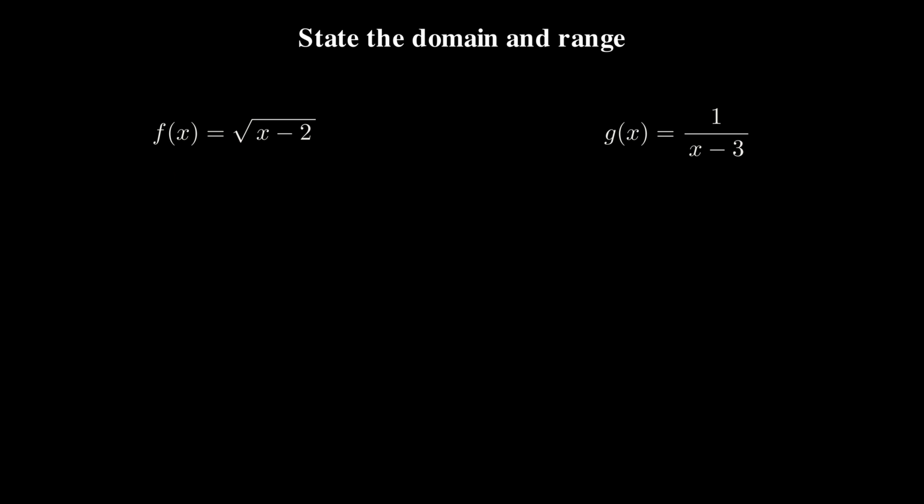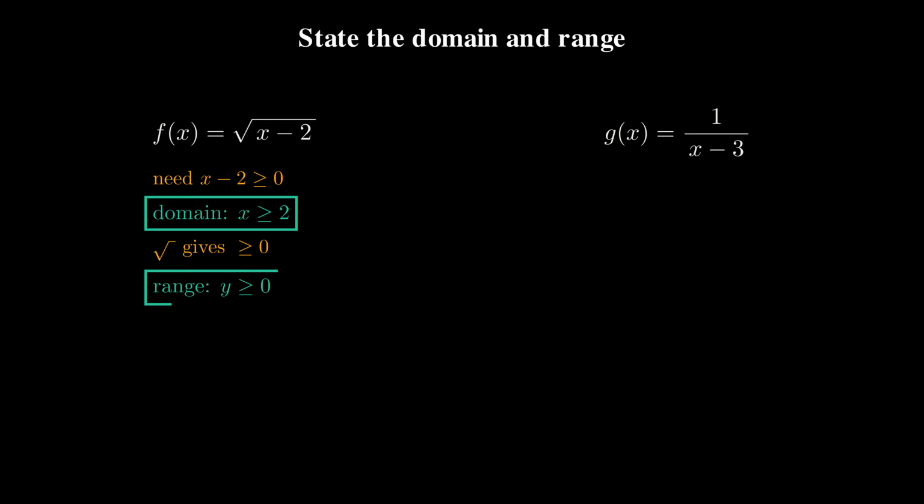The square root first. You can't root a negative, so whatever's inside must be at least 0. x minus 2 greater than or equal to 0, giving domain x greater than or equal to 2. For the range, a square root only ever hands back something 0 or positive. So range y greater than or equal to 0.